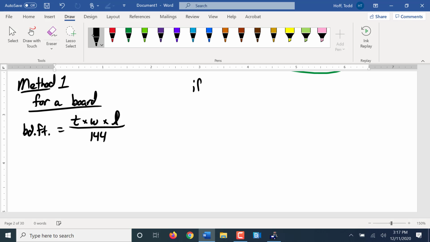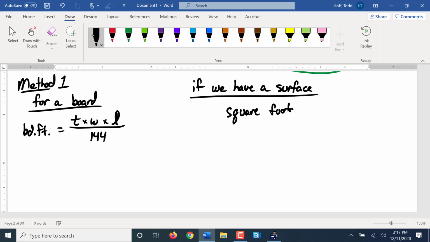But if we have a surface that's being covered with boards, it is the square footage times the thickness in inches.